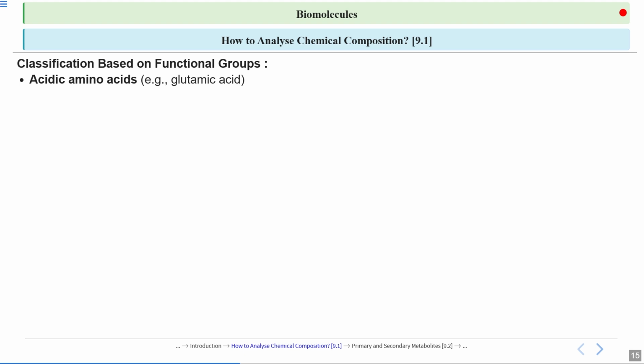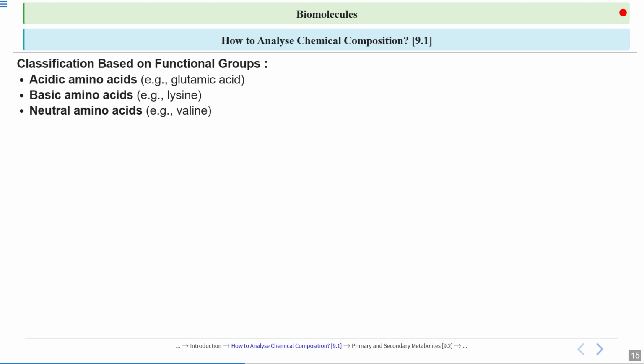Now what are basic amino acids? These amino acids have a positively charged side chain. Examples are lysine and arginine. These are all basic amino acids. Then you have neutral amino acids, for example valine.